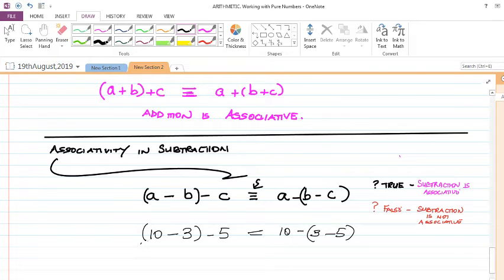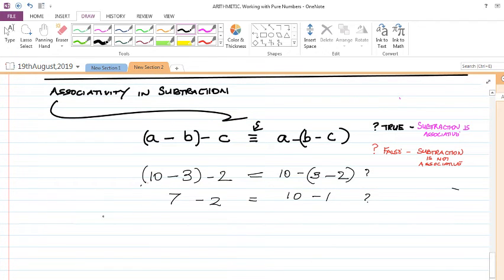At this juncture, since we haven't done negative numbers yet, let me change this 5 into a 2. Right. So in this case, 10 take away 3 will give me 7 take away 2. And so when I get 3 minus 2 is 1, here I get 10 take away 1. So 7 minus 2, of course, is going to be 5. And 10 minus 1 is 9.